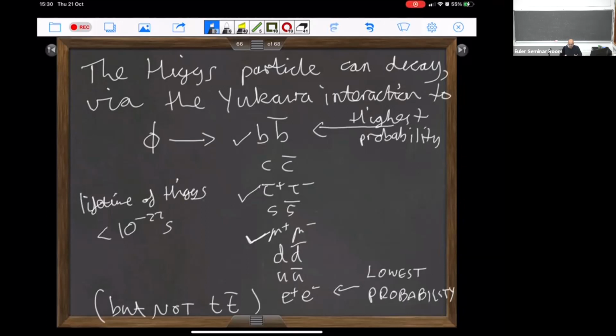And then the particles into which it's decaying may themselves decay further.